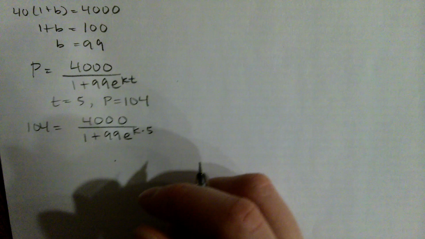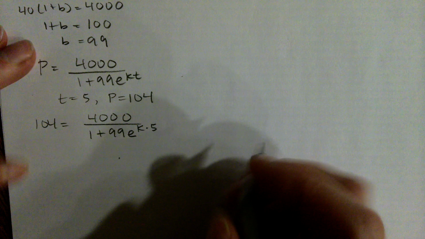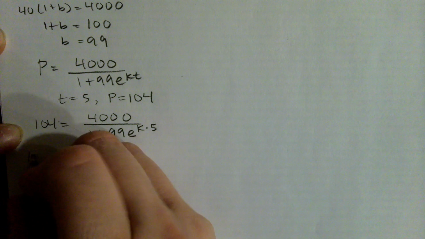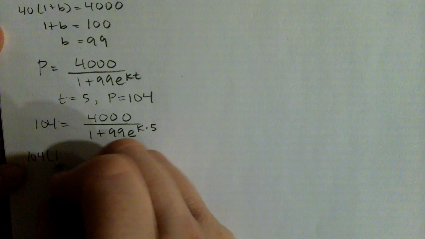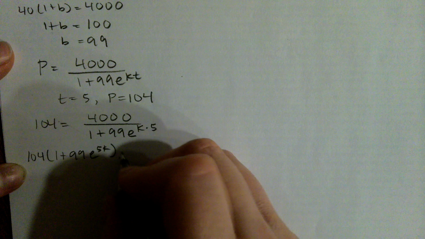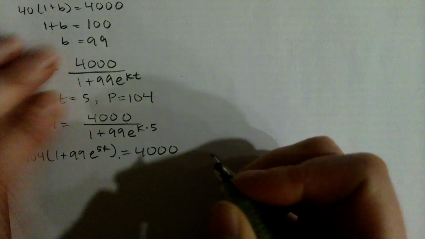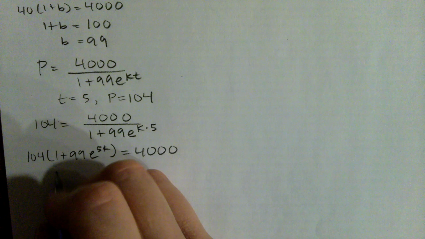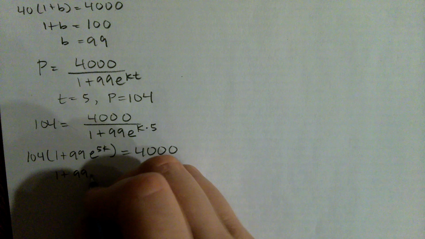I guess I need to adjust this document camera a lot here. So to solve, I would look at cross products again. So I've got 104 times 1 plus 99 e to the 5k power equals 4,000. I would divide by the 104. It just gets to be kind of a mess here.